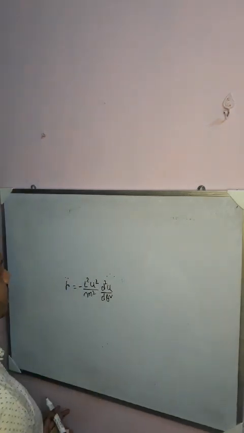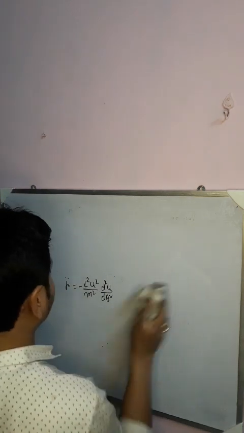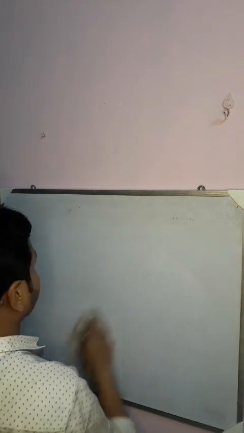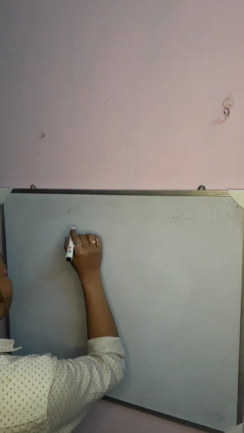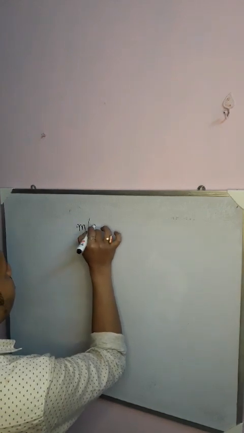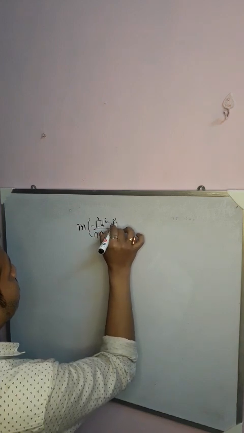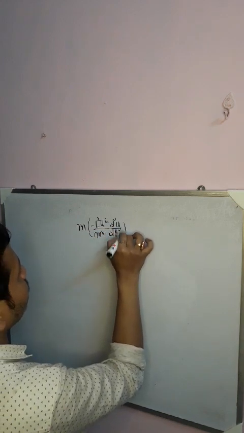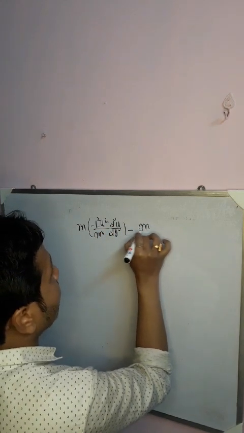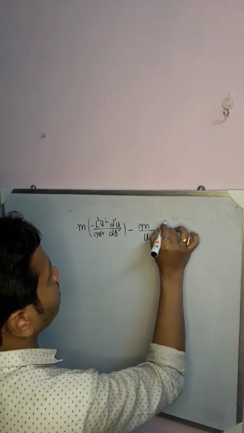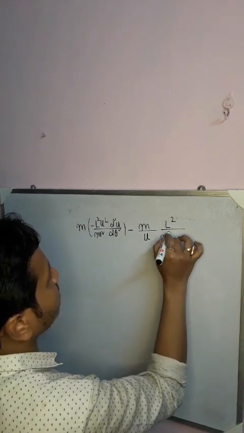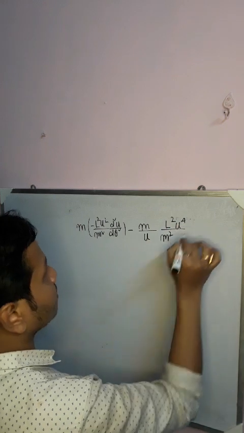Now we have to substitute these values in the radial equation of motion. Okay, what happens if we substitute this? So m into r double dot means minus L square u square by m square into d2u d theta 2, minus m r theta dot square, that means m by u, theta dot square, that means L square by m square, r to the power 4, that means u to the power 4.